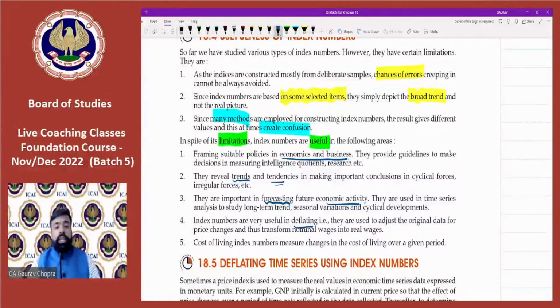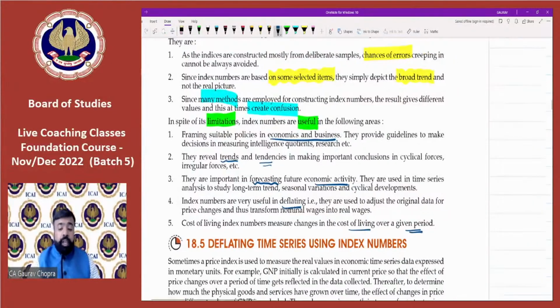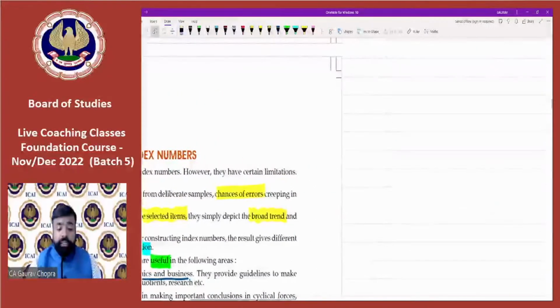Now how this is to be done, we will be doing in this few minutes. And then cost of living index number, it helps us to calculate the cost of living index number over a period of time. Now what is this cost of living index number?